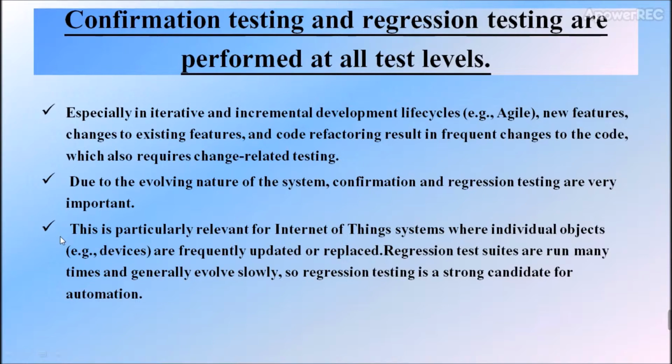That's why regression testing is a strong candidate for automation. If we are going to perform automation testing like Selenium, in this case we should use the regression test suite, because we will write code and this code will be stable for a long time and evolve slowly.